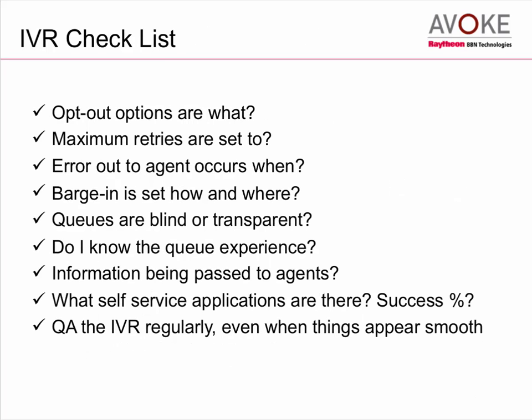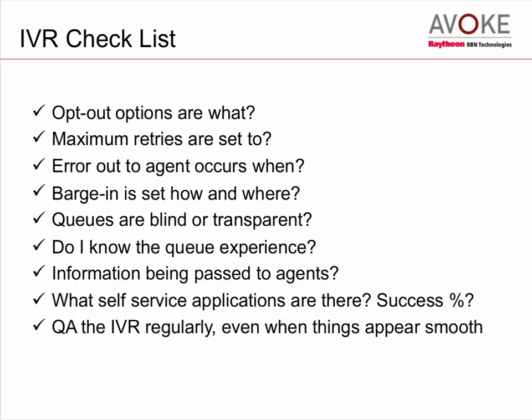Here's a quick review of some topics we've covered today. Understanding these points will help you understand your caller's IVR experience and give rise to your awareness of them. So, as we saw earlier, what options are there for opt-outs? What are your maximum retries set to? Is Barge-In set, and if so, where? Are your queues blind or transparent?